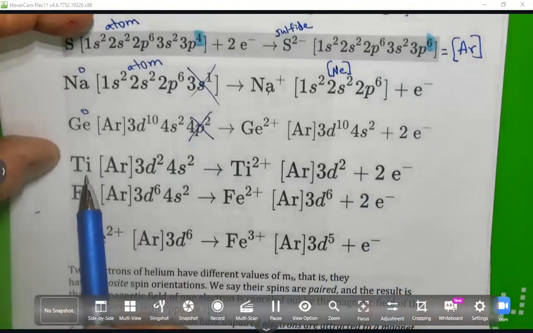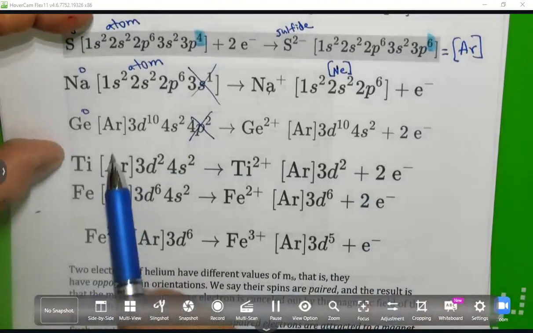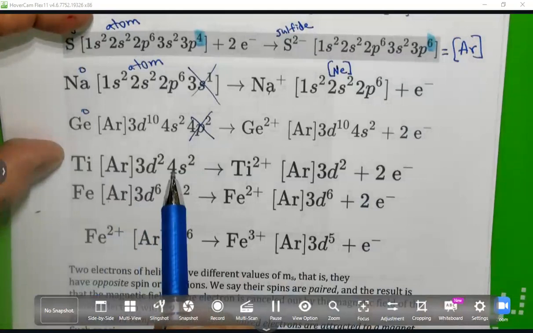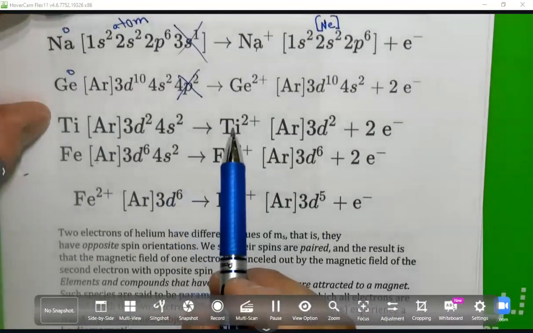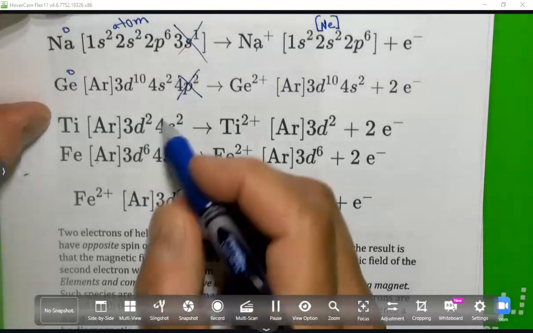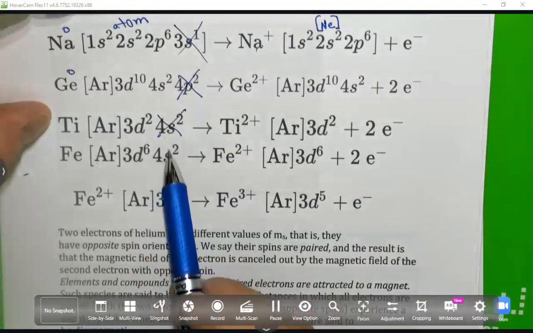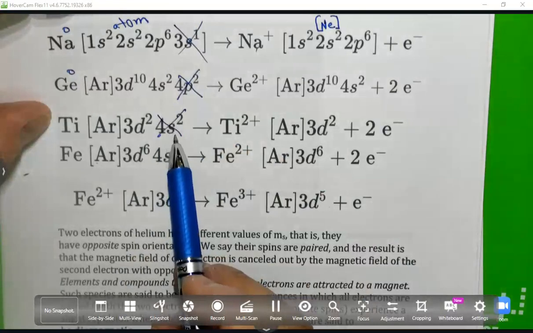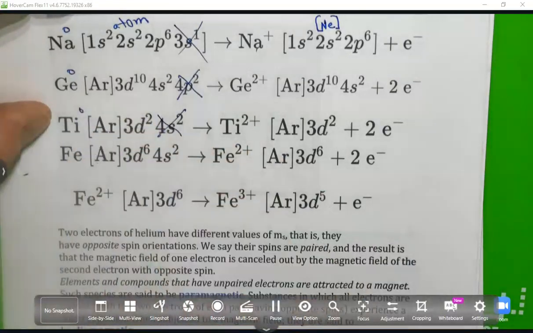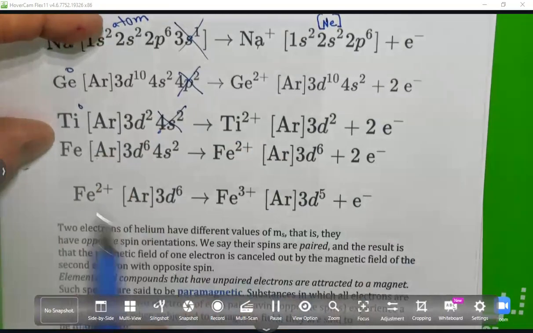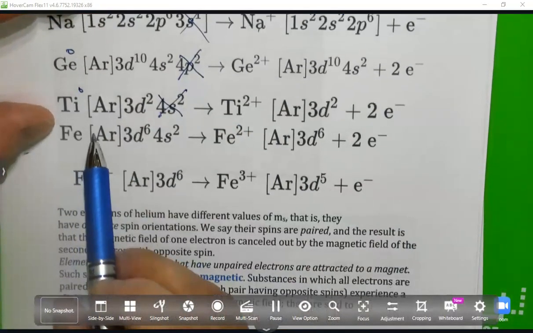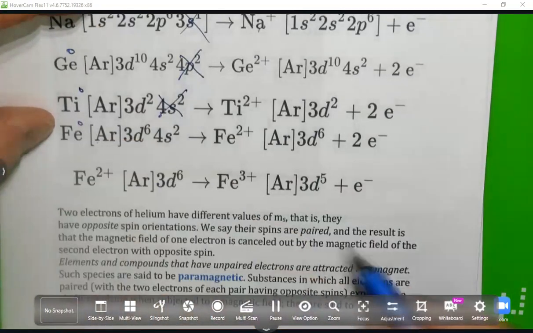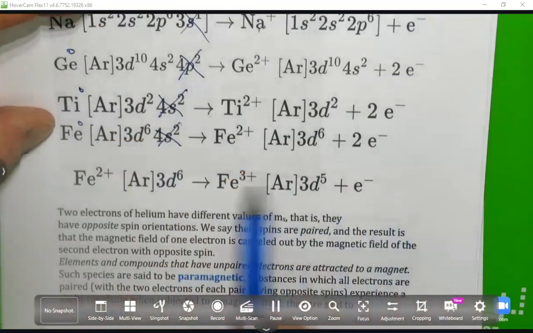All right, here's titanium, neutral atom, 3d2 4s2. In order to form the titanium +2 ion, it gives up these farthest out 2 valence electrons. Iron can be +2 or +3. Here's the +2 charge.